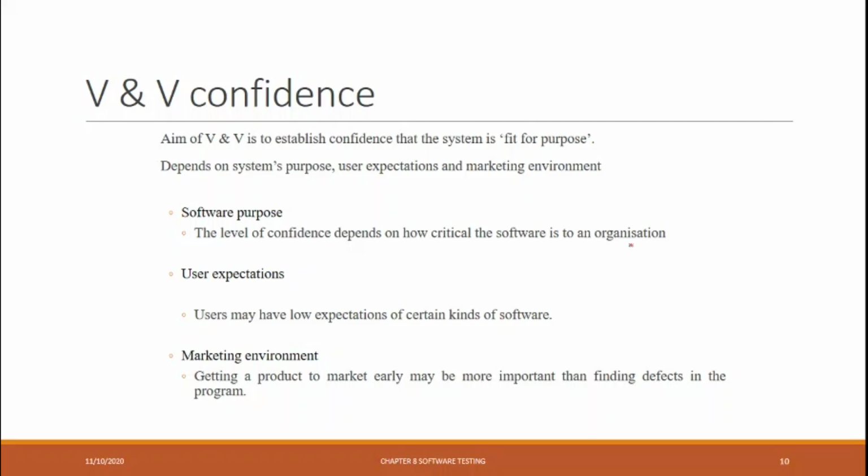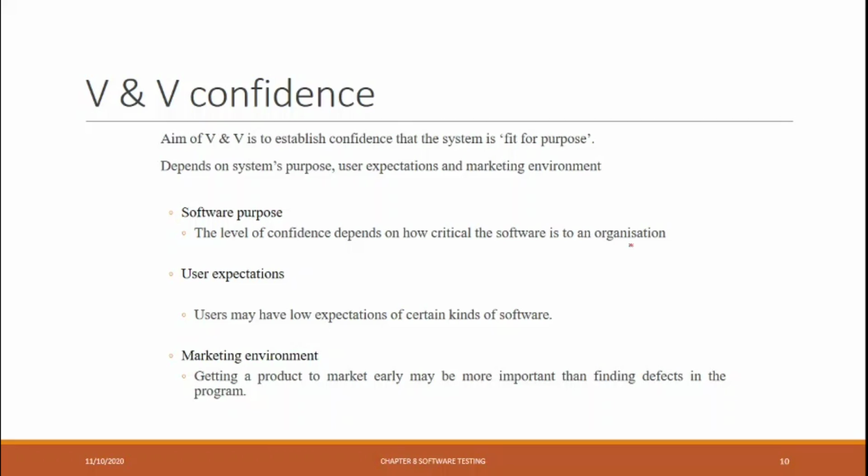And next, marketing environment. When a system is marketed, the seller of the system must take into account competing products, the price that customers are willing to pay for a system, and the required schedule for delivering the system.